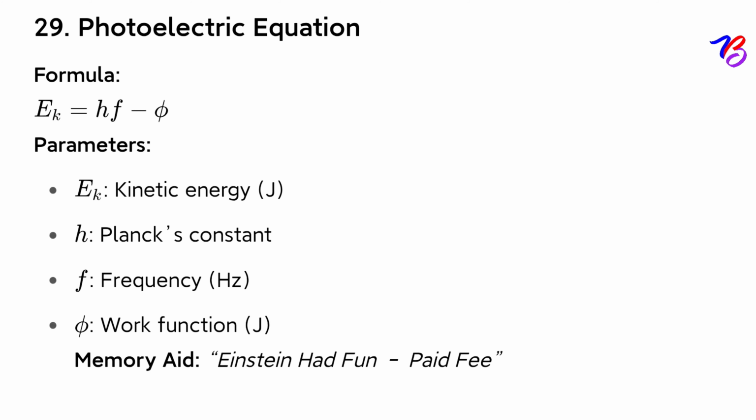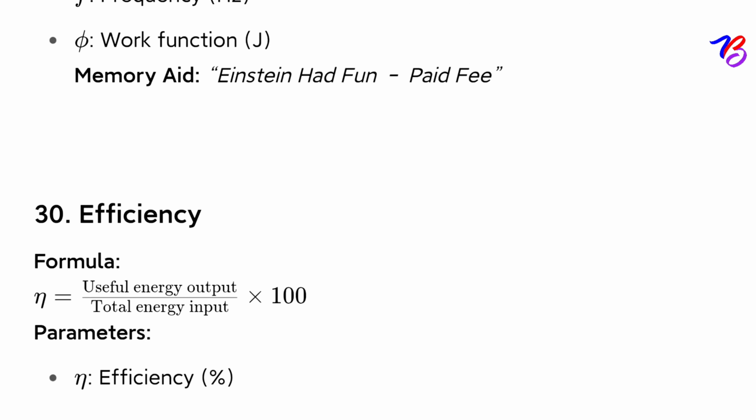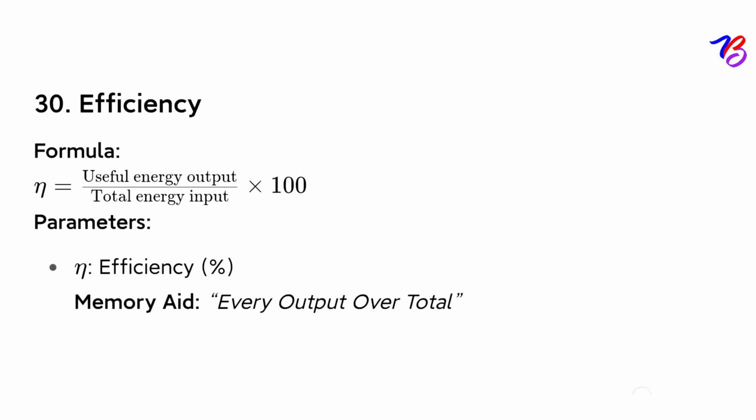The last and not the least for this particular episode, we will be capturing number 30, and it is efficiency. Efficiency is given as useful energy output divided by total energy input, multiplied by 100.